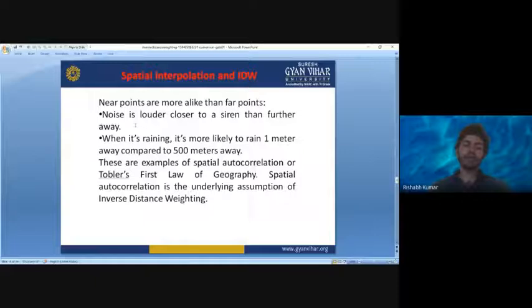Similarly, the influence will be more from the locations that are closer to your prediction location, or the location where we want to find out the value of a variable, right? Another example is when it's raining, it's more likely to rain 1 meter away compared to 500 meters away, right?